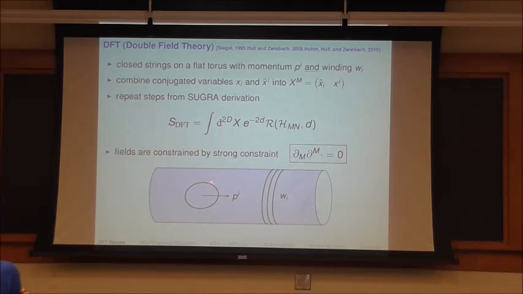It tells us that we cannot have momentum excitations and winding excitations in the same direction at the same time. Look at this picture here, everything is fine. Momentum is in this direction of the torus, winding is in this direction, so the strong constraint is not violated. And I will show you later on really how the strong constraint arises from string theory as some version of level matching. But for now, it's okay to remember this point.